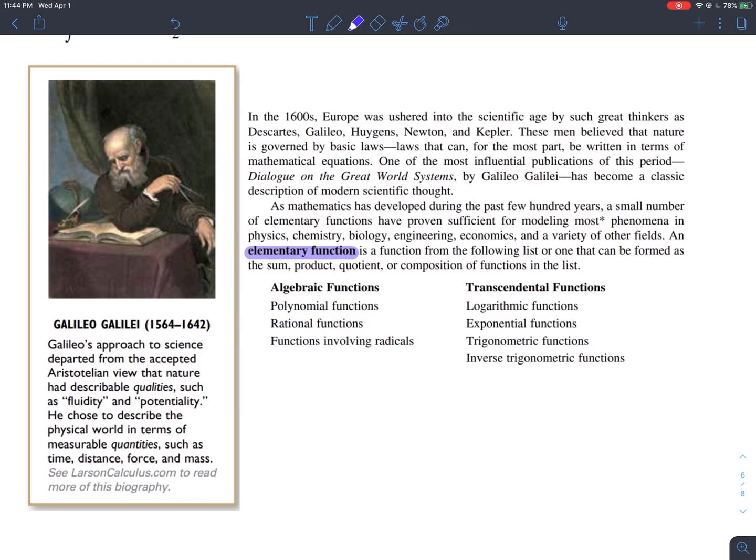An elementary function is a function from the following list. All right, it's a function from this list below, and the sum, product, quotient, or composition of any of these functions technically fall into the category of what we call elementary functions.